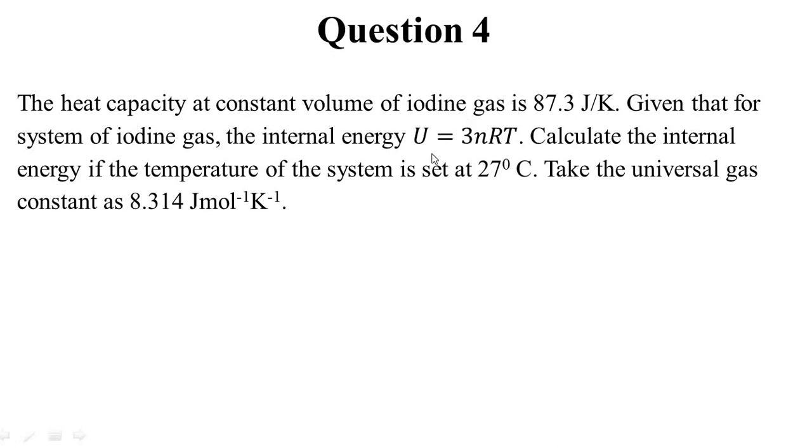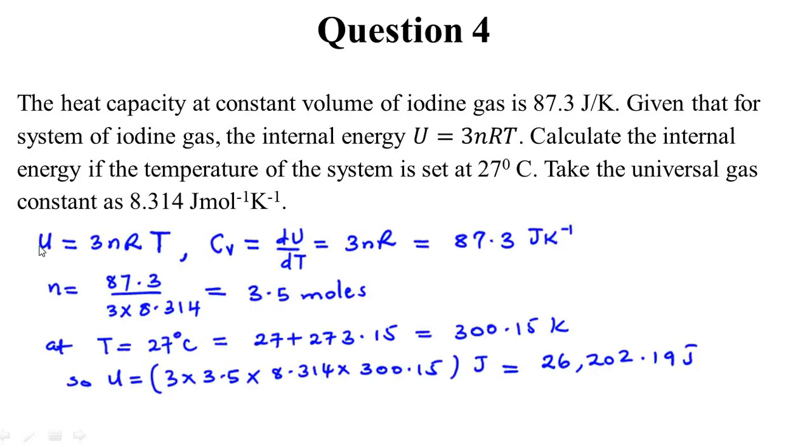Now the key equation here is the expression for U. If you look at the solution to this, U is 3nRT, and you know that heat capacity at constant volume is expressed as the differential of U with respect to T, which if you apply that on 3nRT, when you differentiate U with respect to T, you will get 3nR because T is the variable.